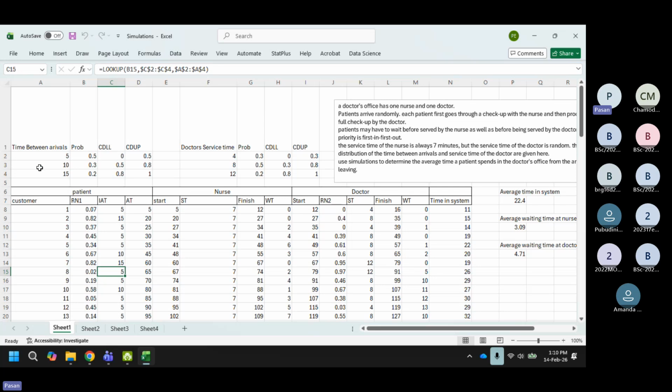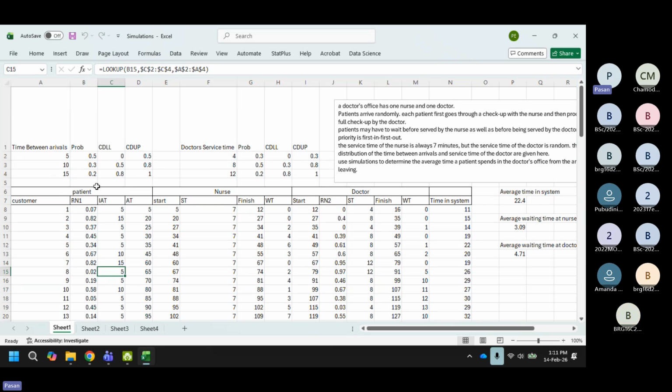So the arrivals are happening with a distribution like this, right? And these are very simple distributions. We are describing the situation, right? The arrivals happen in a distribution like this, and then you can find out the cumulative distribution there, and the service of the doctor is going through a distribution like this, right?